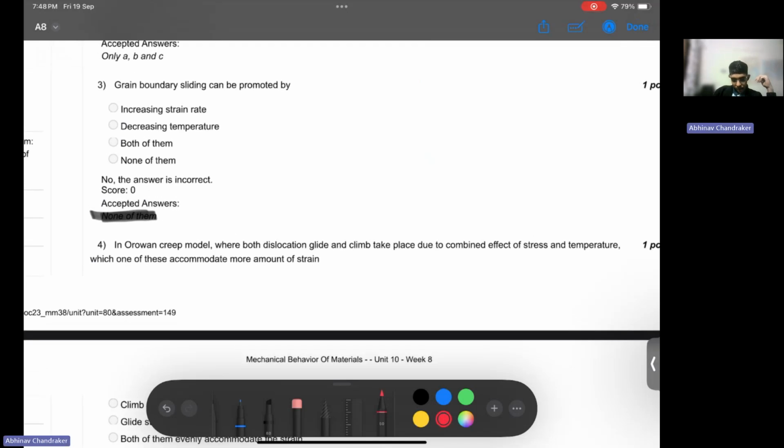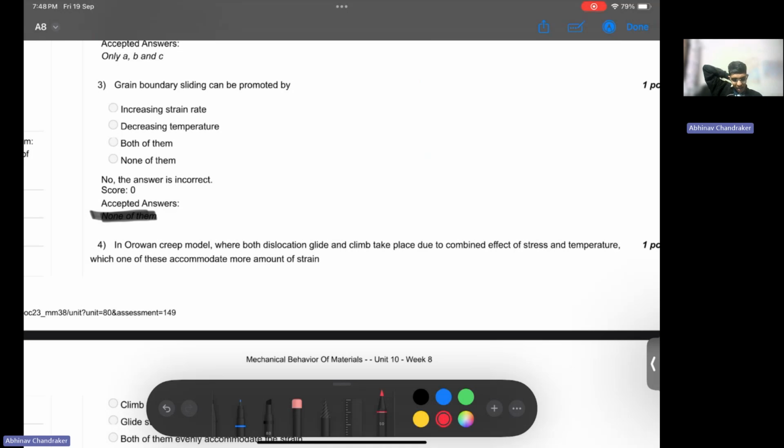Grain boundary sliding will be easier at higher temperature because at higher temperature the grain boundary strength is lower, right? We had seen equicohesive temperature, what it is. So at higher temperature, grain boundary strength is lower, so it should help.